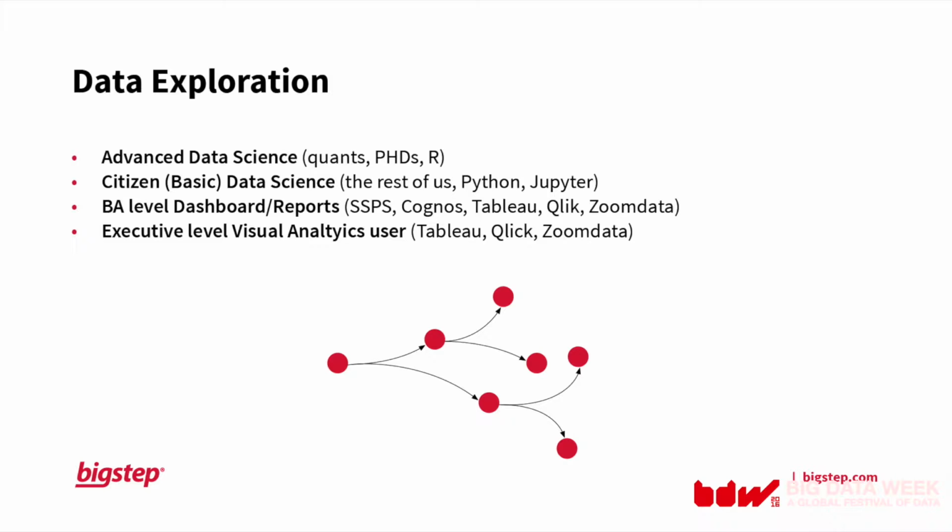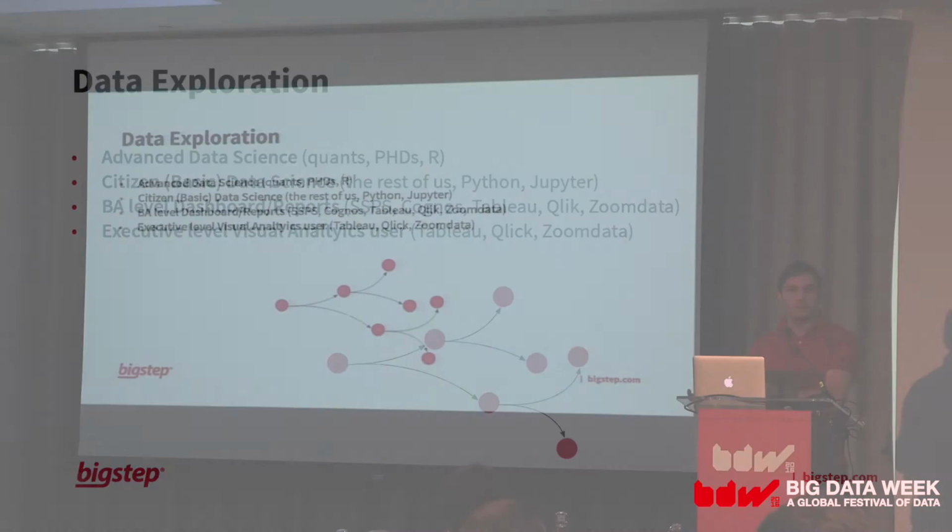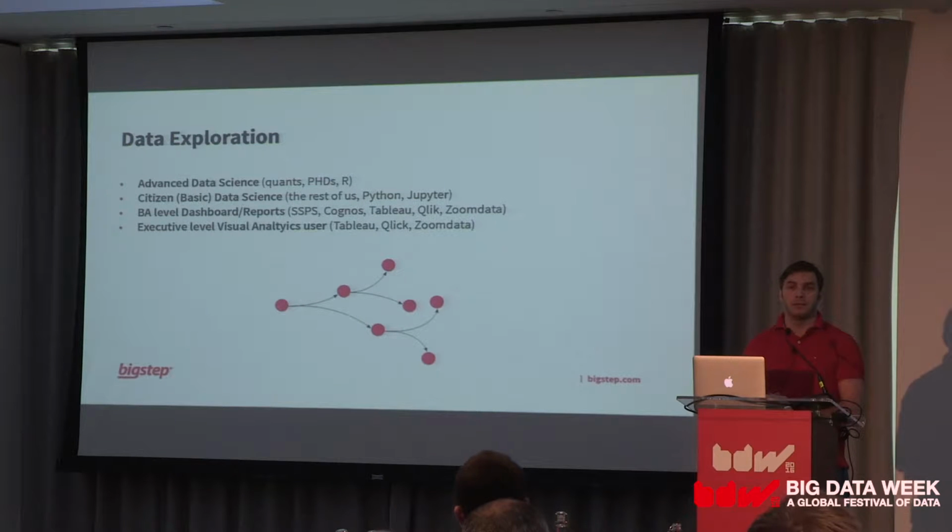So it's either more advanced data science done by data scientists and very, very smart guys, very few of them are actually like that, but also what other people call the citizen data scientists, who are not specifically trained for doing that, but have picked up a few techniques. And it goes all the way down to executives playing around with a visual dashboard like Zoomdata or something like that. So data exploration is actually done by a lot of people in organizations.